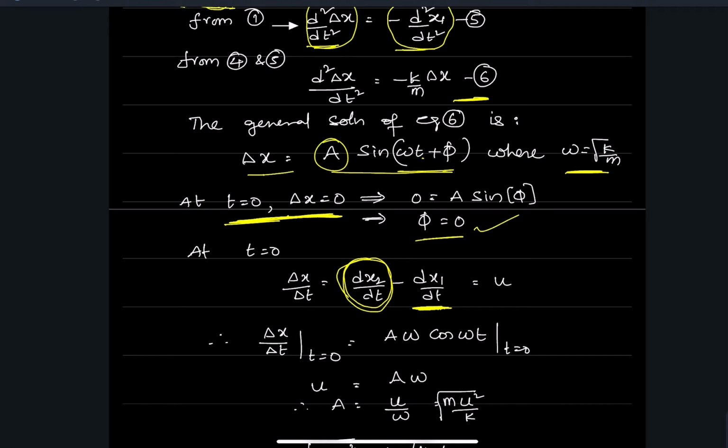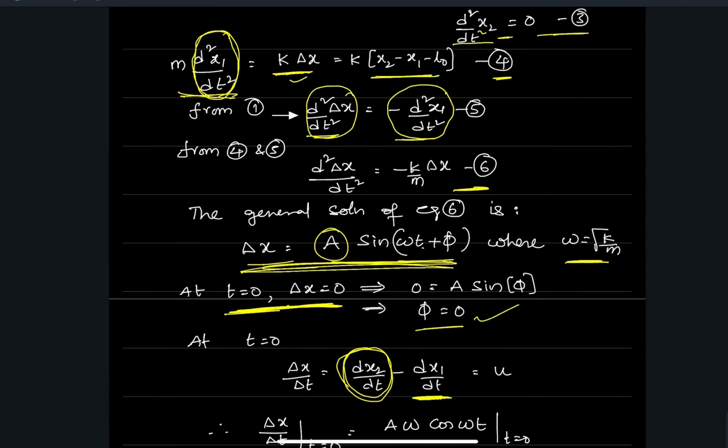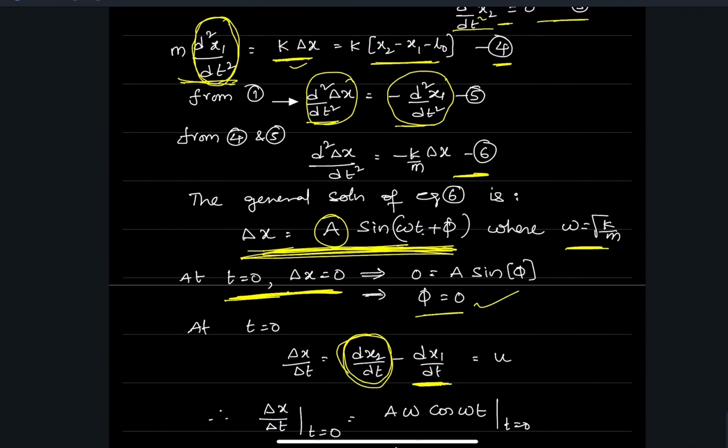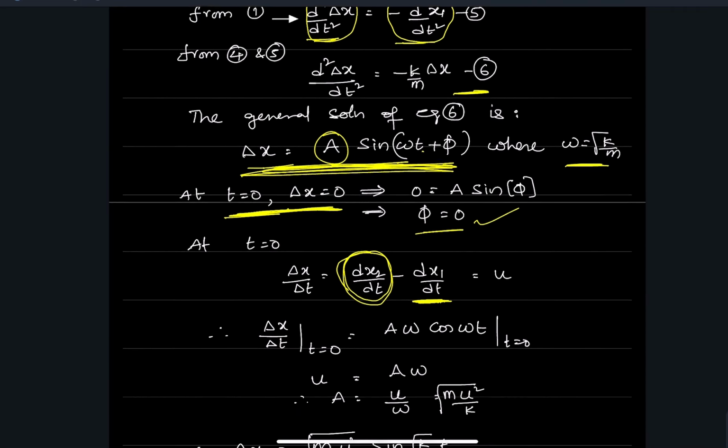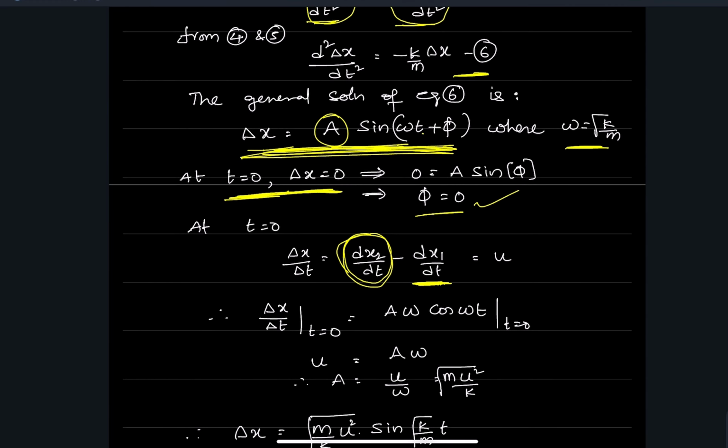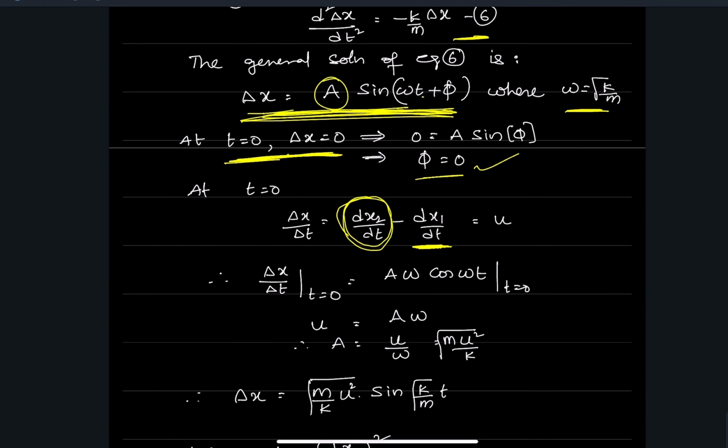So if I make these substitutions, delta x is a sin omega t plus phi, so d delta x by dt is a omega cos omega t. At time t equals 0, this value is a omega, and this is equal to u, because d delta x by dt at time t equals 0 is u.